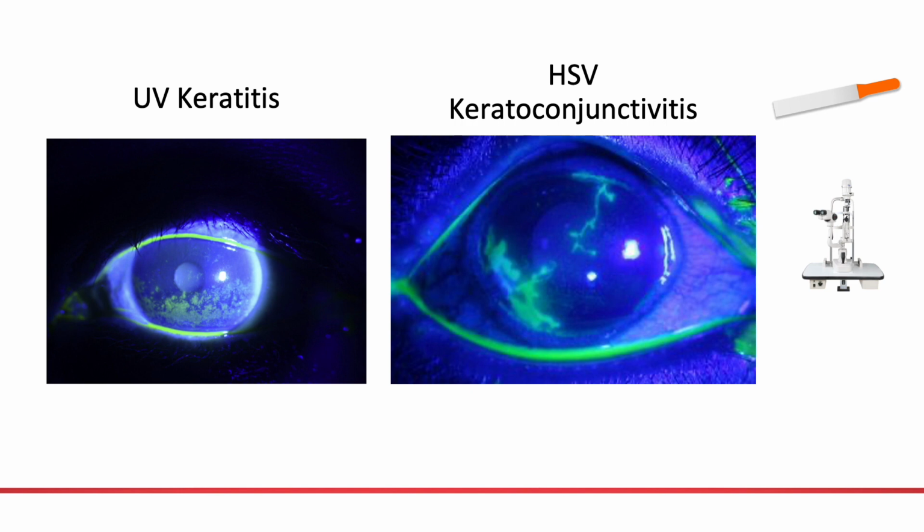Next thing that we can use this fluorescein and the slit lamp for are keratitis. A lot of times we think of herpes ophthalmicus or HSV keratoconjunctivitis, that looks like the branching lightning type viral infection here. So this is something on the right that we see a lot in books.